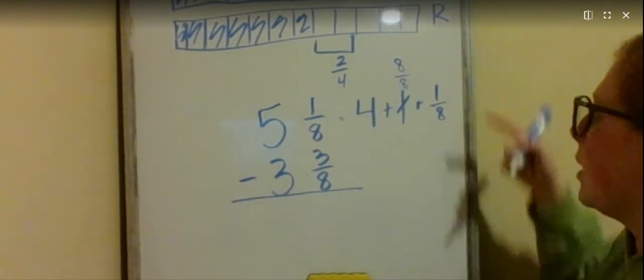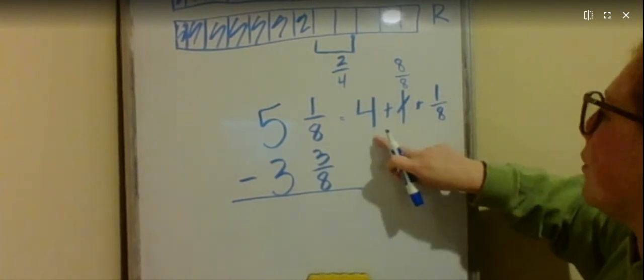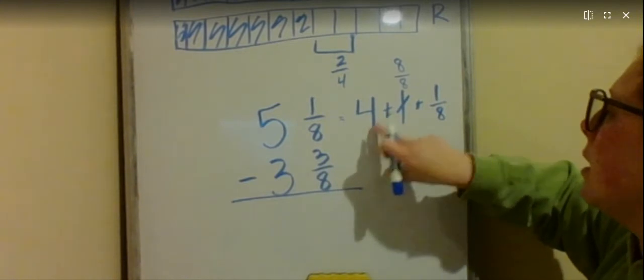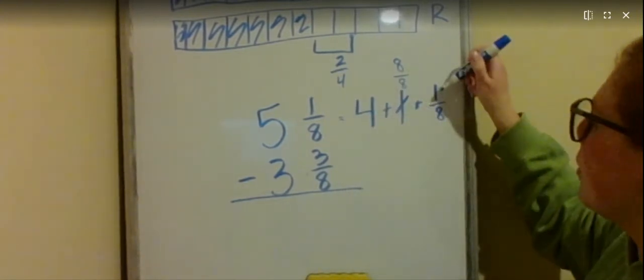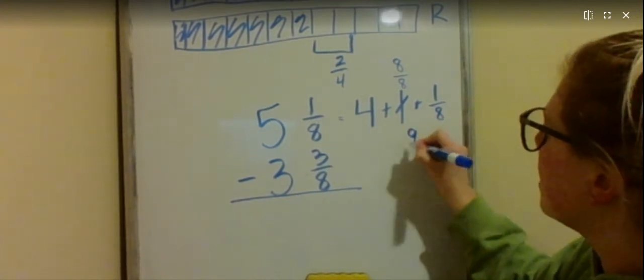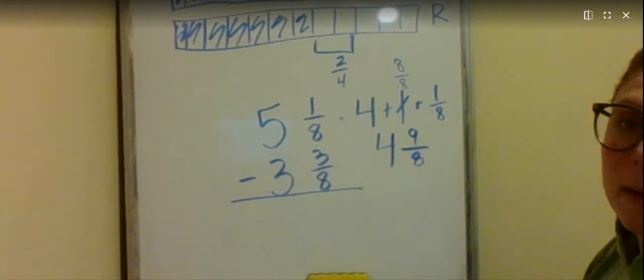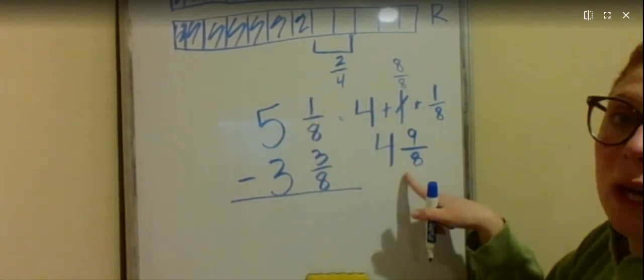Because whenever your numerator and your denominator are the same, it's the 1 whole. So now I'm looking at 4 plus 8/8 plus 1/8. And then 8/8 plus 1/8 would be 9/8 and 4 wholes. So this 5 1/8 is the same as 4 9/8.